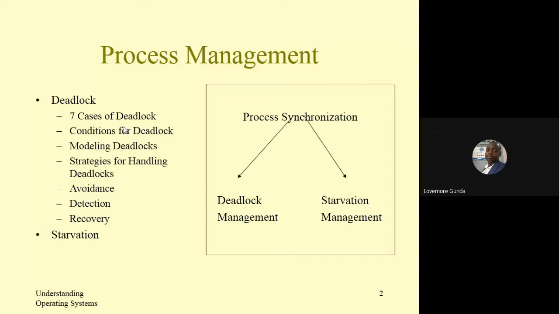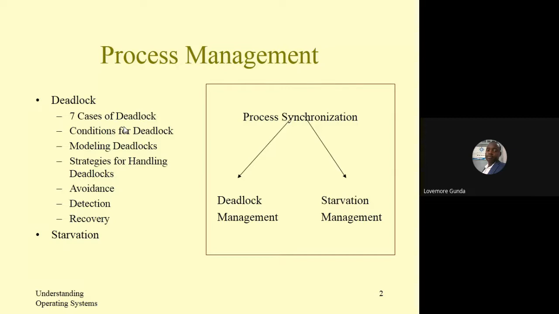On deadlock, we will look at more things: 7 cases of a deadlock, conditions necessary for a deadlock to be there, how we model a deadlock, and the different strategies used for handling deadlocks. Then we also look at deadlock avoidance, detection, and recovery. Then we also go on to look at starvation. We don't talk much about starvation there.